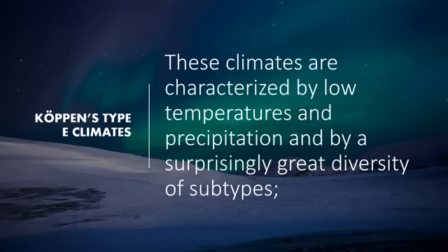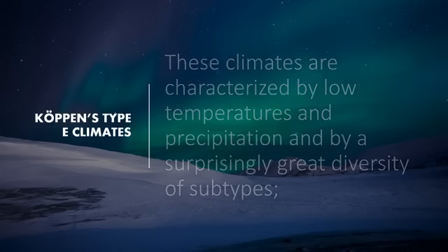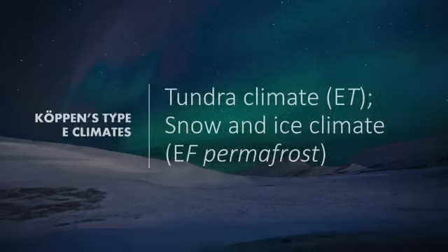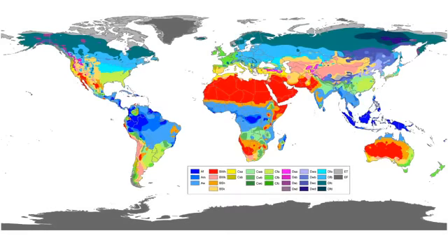Climates are characterized by low temperatures, low precipitation, but vary greatly in diversity. Okay, so they have tundra, and then they have snow and ice climate. So the snow and ice climate are the permafrost, so meaning it's always cold there.